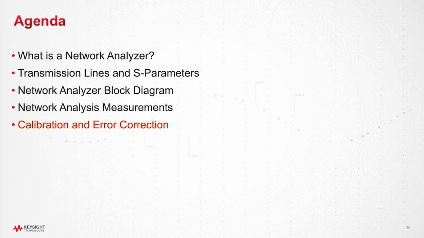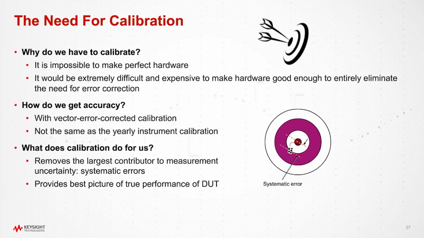Finally, let's talk about calibration and error correction. Why do we need to calibrate? Well, despite our best efforts, we still haven't made perfect hardware. Whenever you're connecting your network analyzer to your DUT, you've got to use cables and fixtures and connectors, and there are slight defects in all of these, and no connection is truly perfect and repeatable.